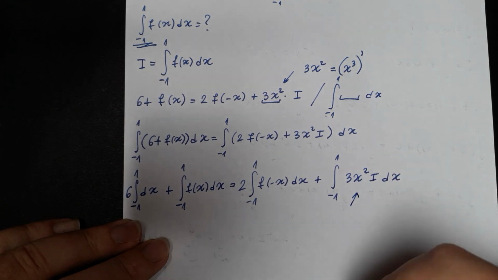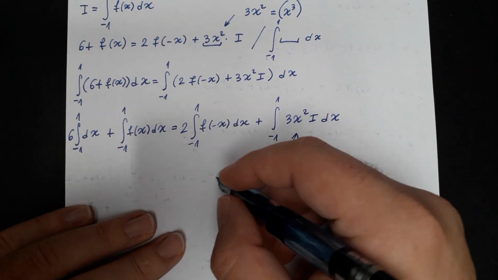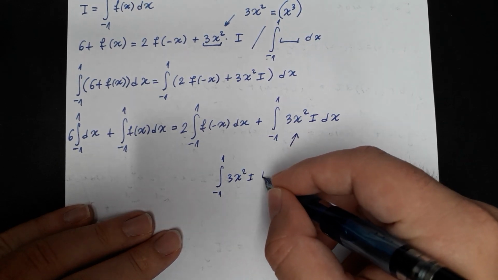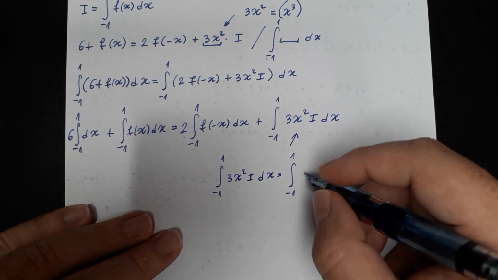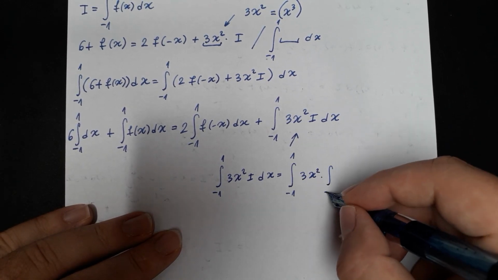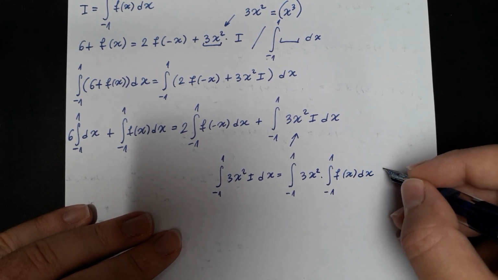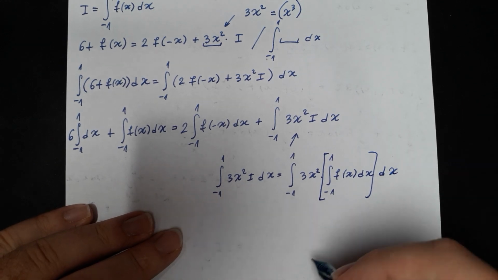Now, a little note I would like to make for this integral in this position. The integral from -1 to 1 of 3x squared I dx is equal to the integral from -1 to 1 of 3x squared times I, where I was the integral from -1 to 1 of f(x) dx, and then dx.